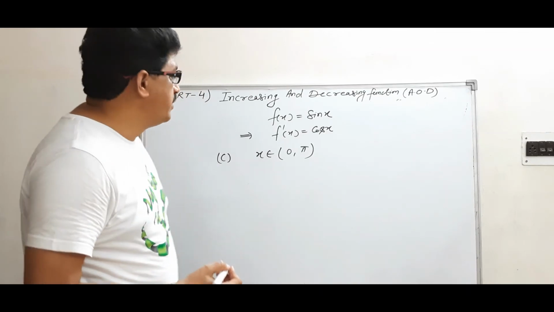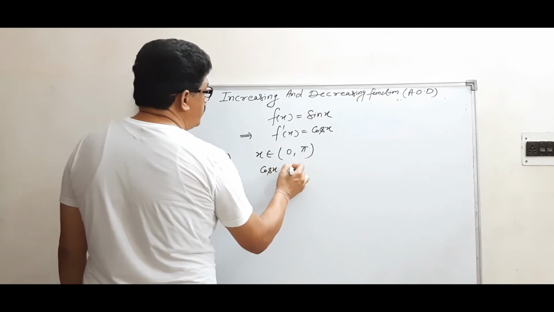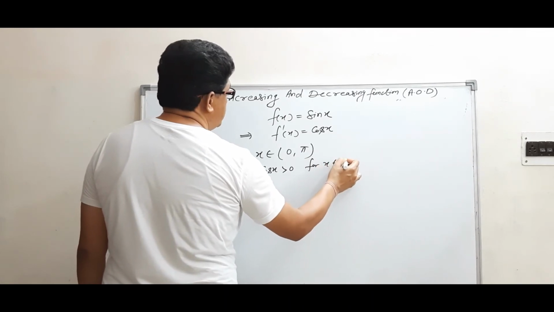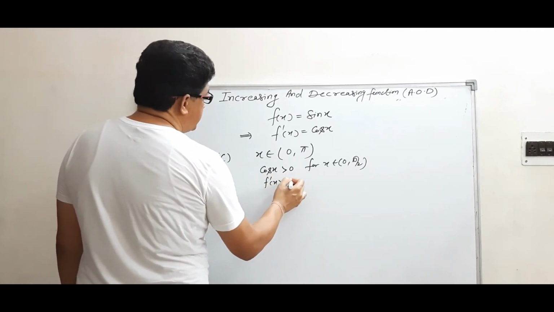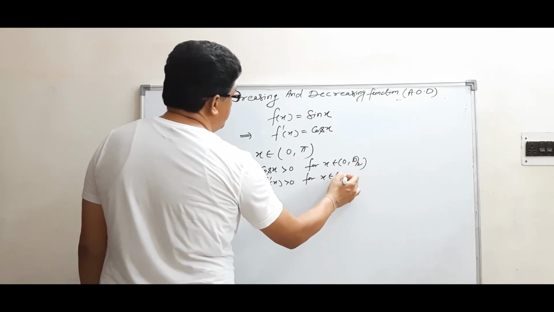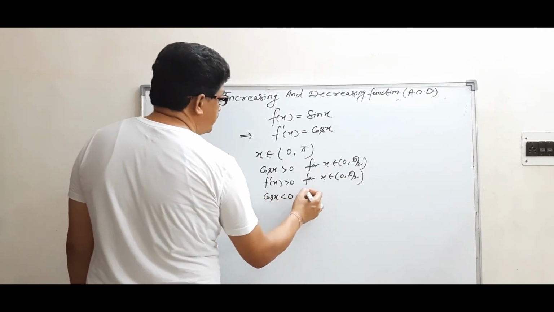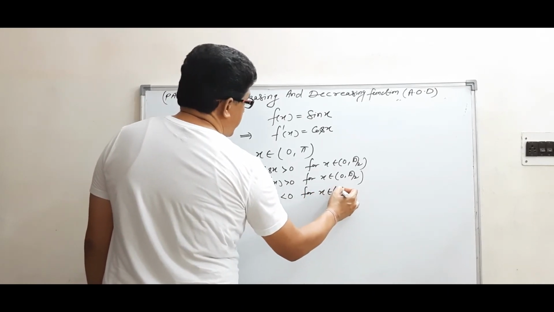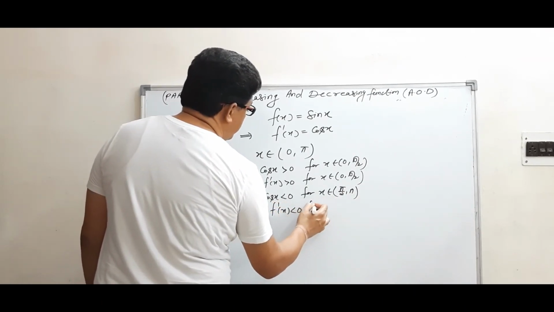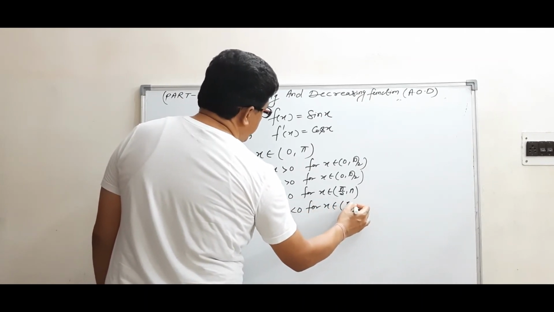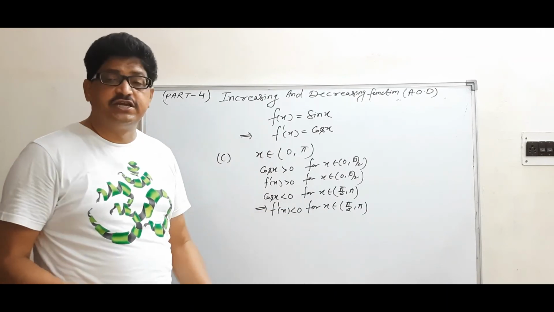In the interval 0 to pi, we know that cos x is greater than 0 for x belongs to 0 to pi by 2, so f dash x is greater than 0 there, and cos x is less than 0 for x belongs to pi by 2 to pi, so f dash x is less than 0 there. So f dash x is greater than 0 in half the interval and less than 0 in the other half.